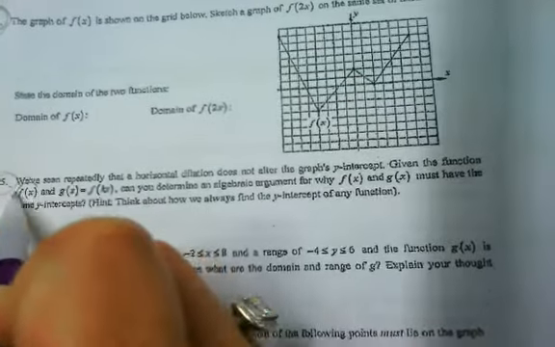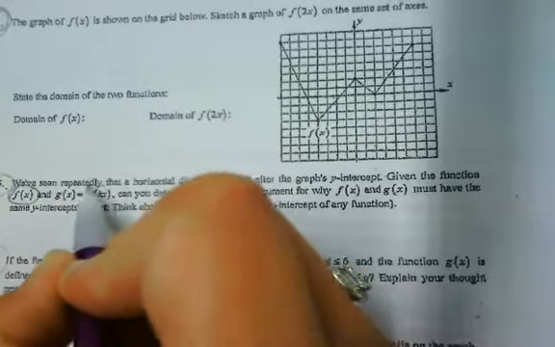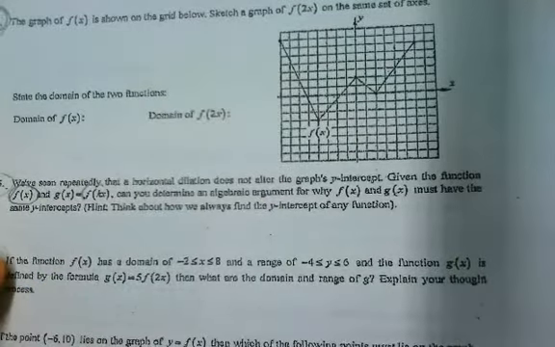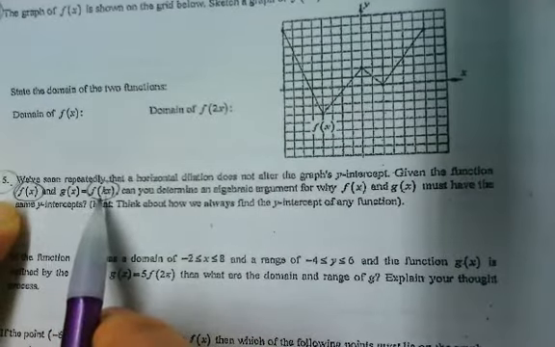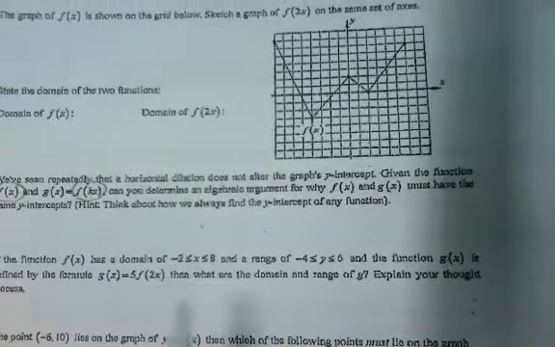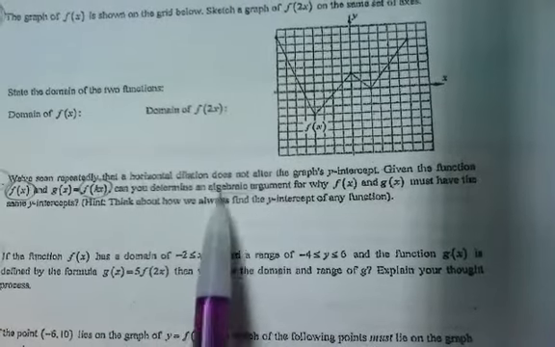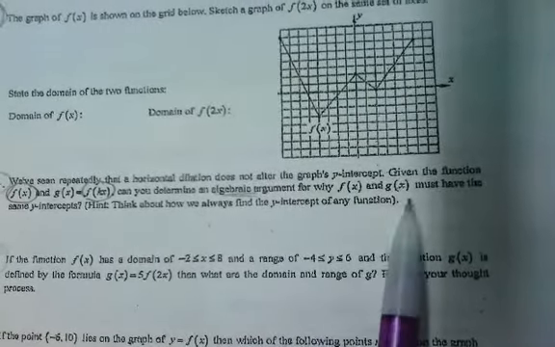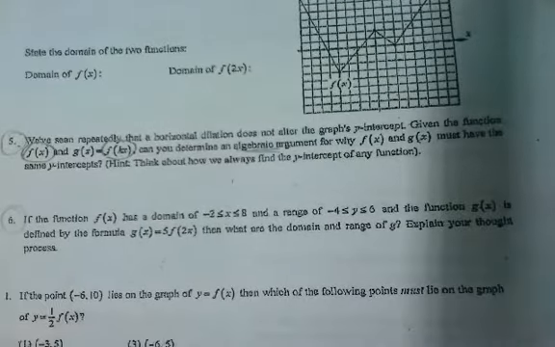So essentially, these are our two graphs, f of x and f of kx, which means it's the same graph as f of x, but it's just been horizontally dilated. We can't tell if it's a stretch or compression because we don't know the value of k. But can you determine an algebraic argument for why f of x and g of x must have the same y-intercept?